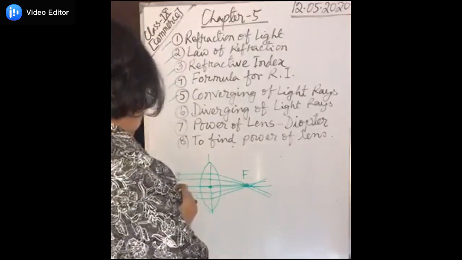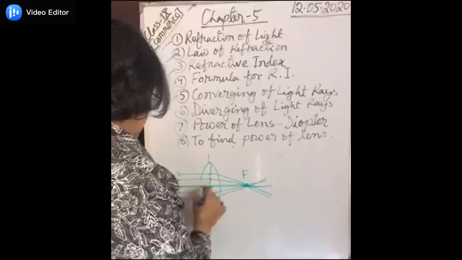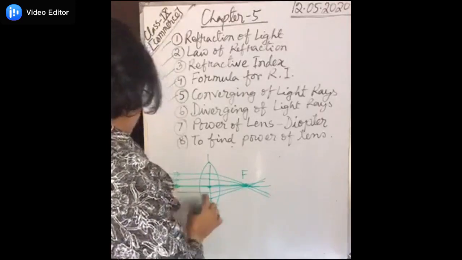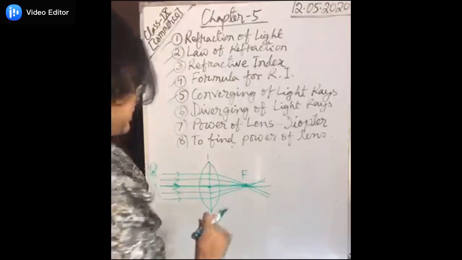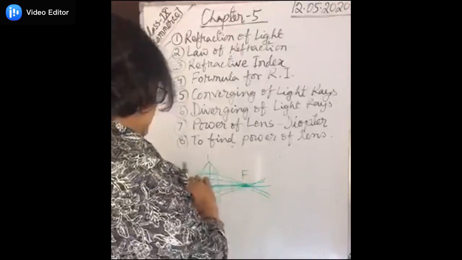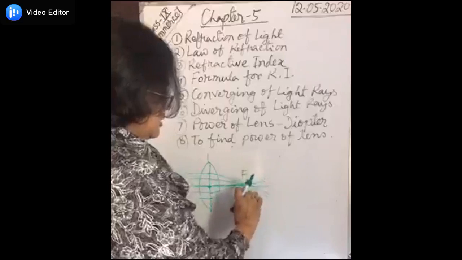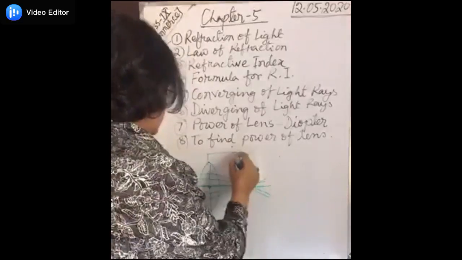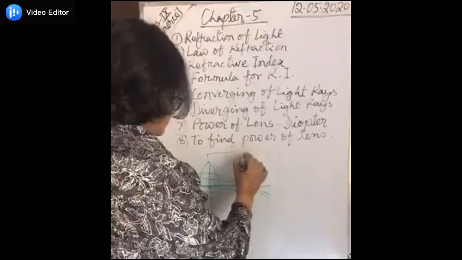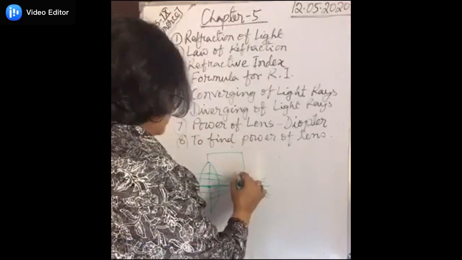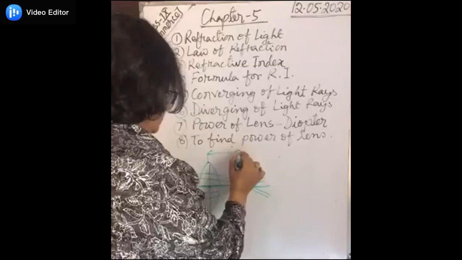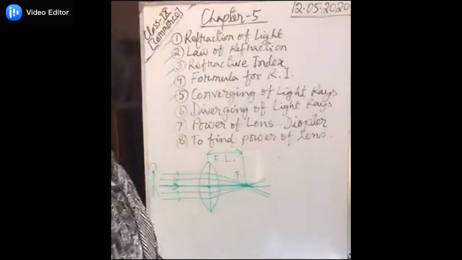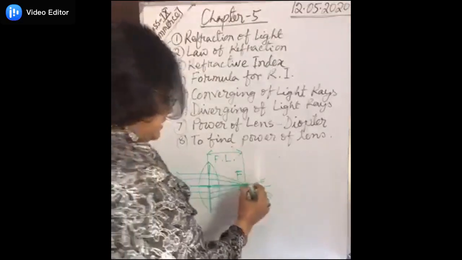The line which touches the optical center is called the principal axis. And see, all the refracted lights are coming to a point. The distance between this and here is called the focal length, and this one is called the principal axis.